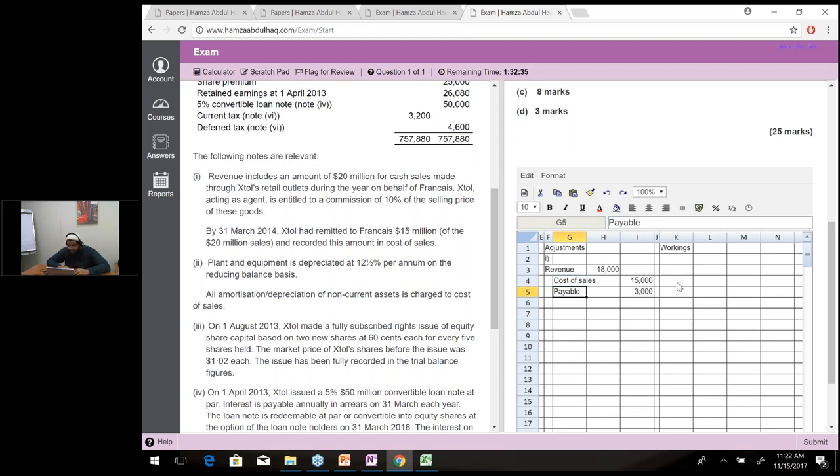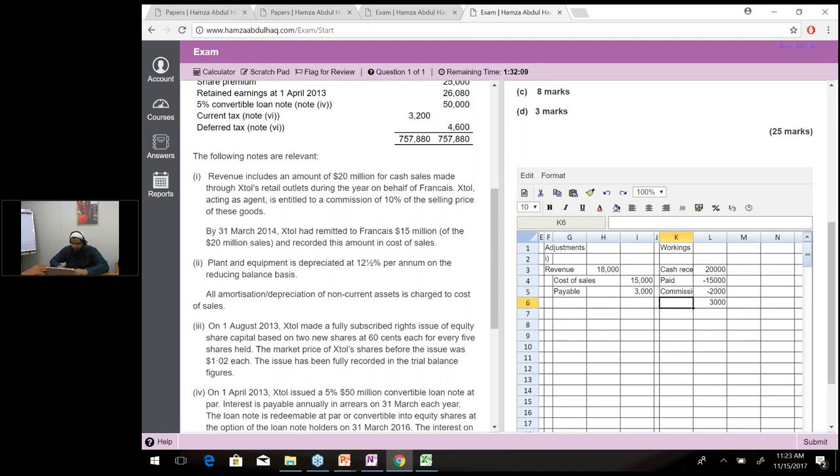Smita wants me to discuss 3,000 again. Actually, Smita, the cash that we have received is actually 20,000, and the amount that we have already paid is 15,000. And the amount that is our commission is actually 2,000. So the remaining amount is going to be 3,000.